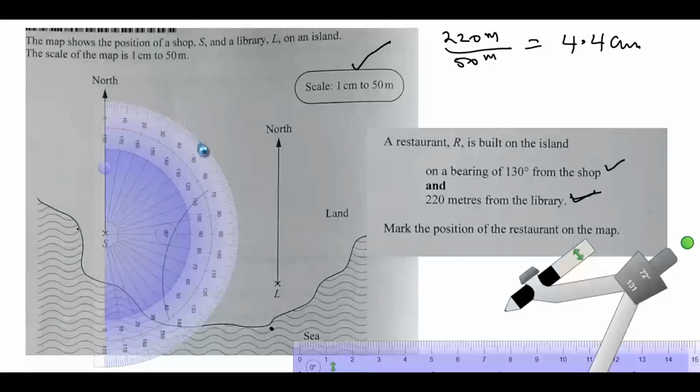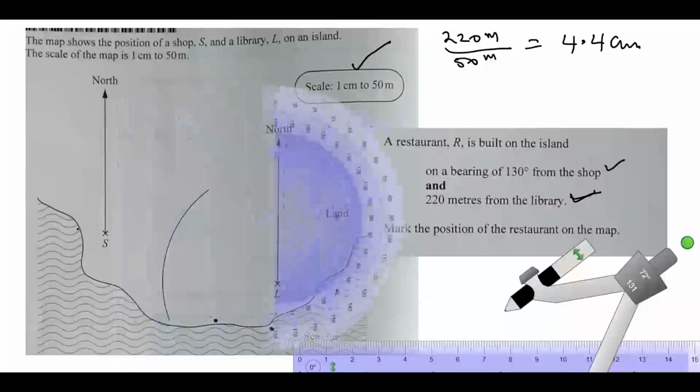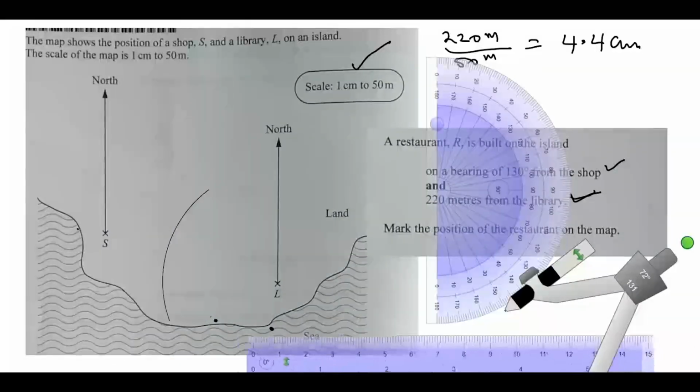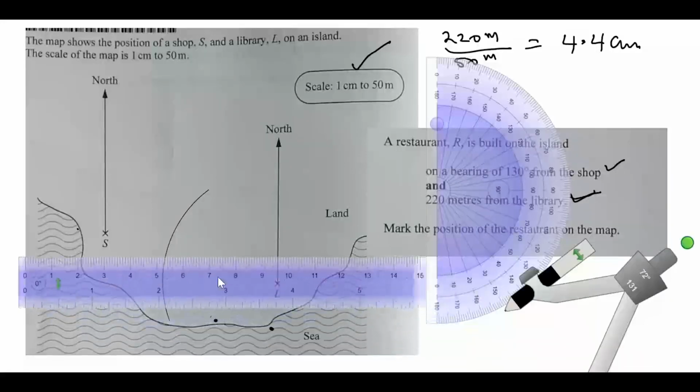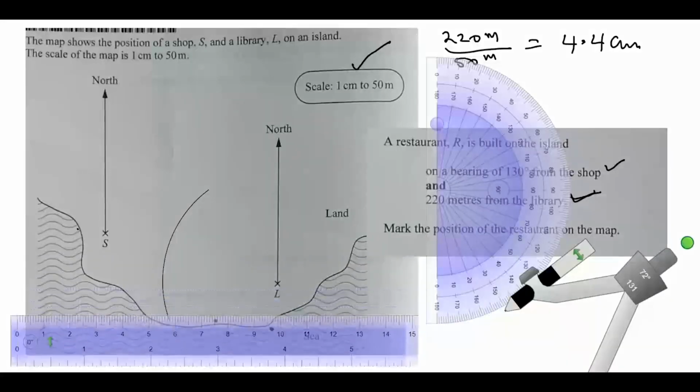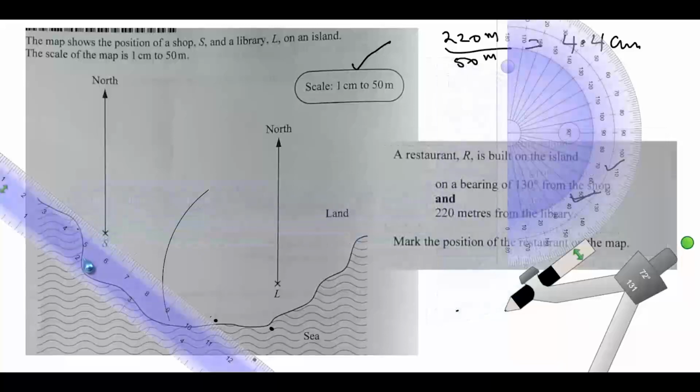If you measure it here, 130 will be around here. So let me make a point here. So 130 degrees will be around there. So I'll need to take my ruler and a pencil and draw the 2 points together. So we place the ruler here and we draw a line to join the shop S and this point together. So that's what we do.